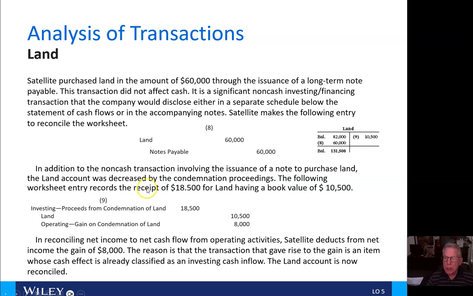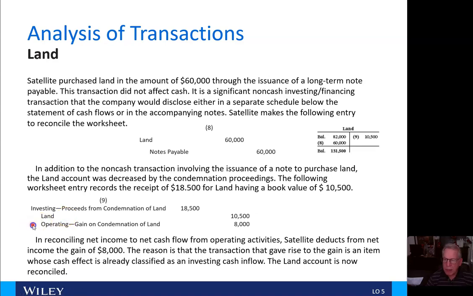The following worksheet entry records the receipt of $18,500 for land having a book value of $10,500. So in the investing section, we have the proceeds from the condemnation of the land of $18,500 and a credit to land.